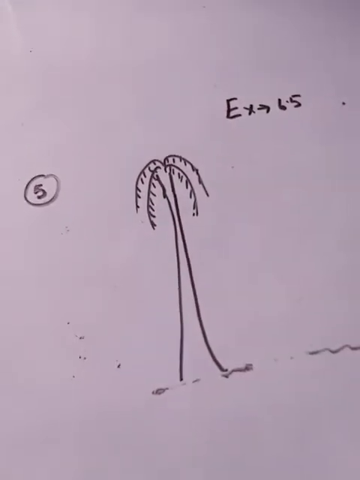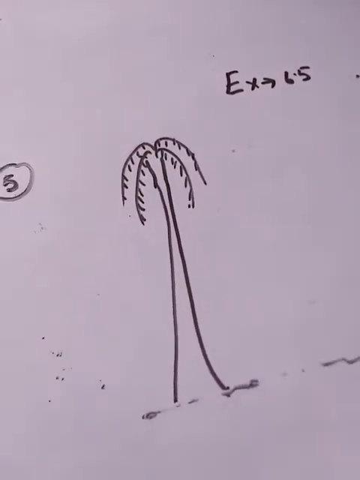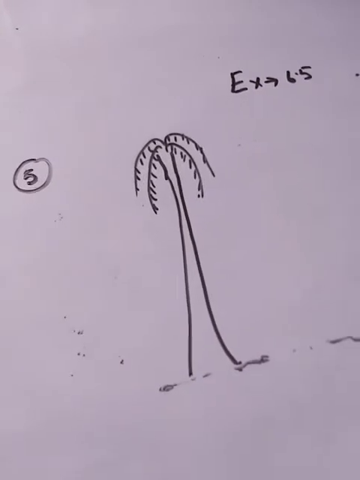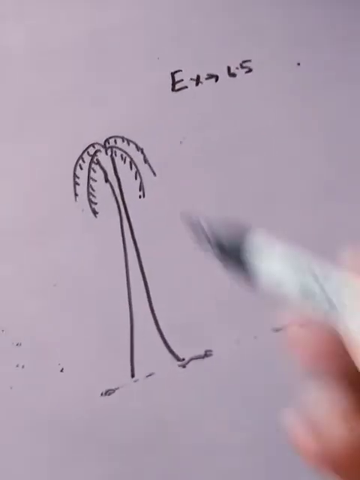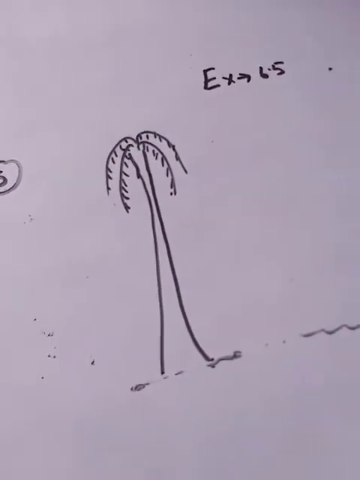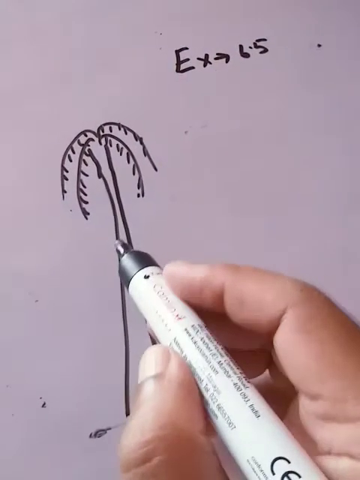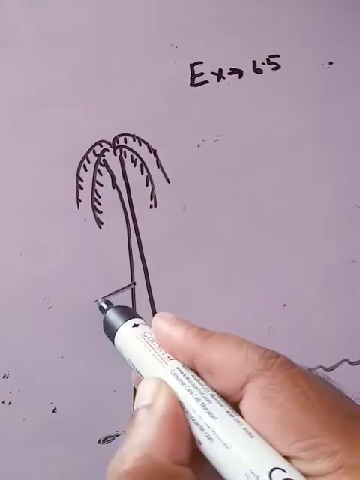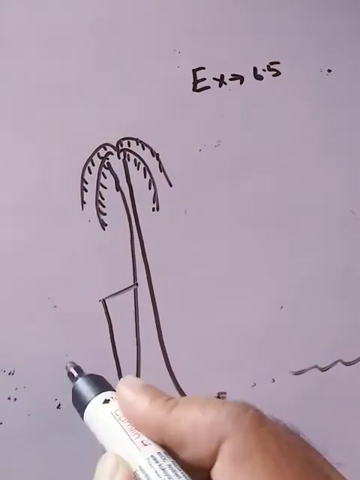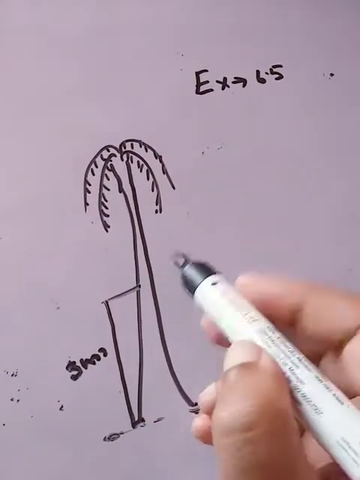Now this is question number 5. Don't be surprised that I have drawn one tree, but question number 5 is related to this tree only. See what they have said: a tree is broken at a height of 5 meter. Now suppose this is the height, 5 meter. Suddenly what happens?